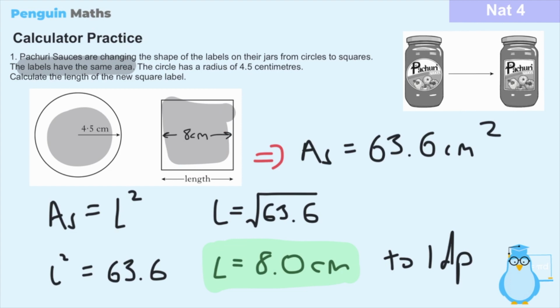And then we can just equate the area of the circle to the area of the square, because we can calculate the area of the circle because we already have the radius. We do that by pi times the radius squared, and once we do that, we can then equate the area to the length squared, and then just through simple maths we can take the square root of that area that we calculated, and that gave us our answer of 8.0 centimeters to 1 decimal place.